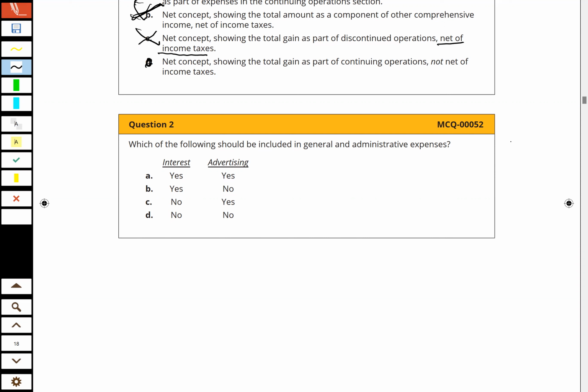Interest is non-operating, so A is out and B is out, right? Is advertising a general and administrative expense? No, it's a selling expense. It's a selling expense, so C is out, so D is quickly the right answer, isn't it?